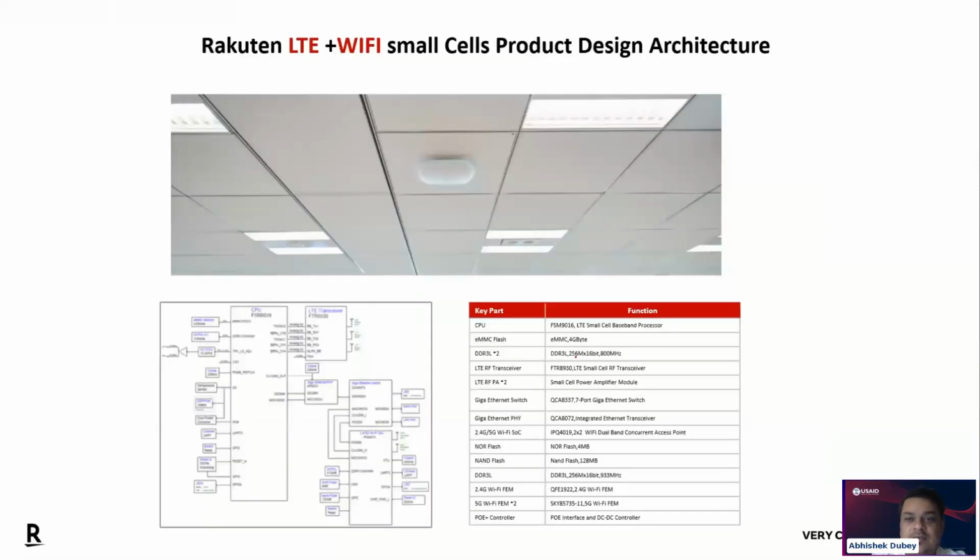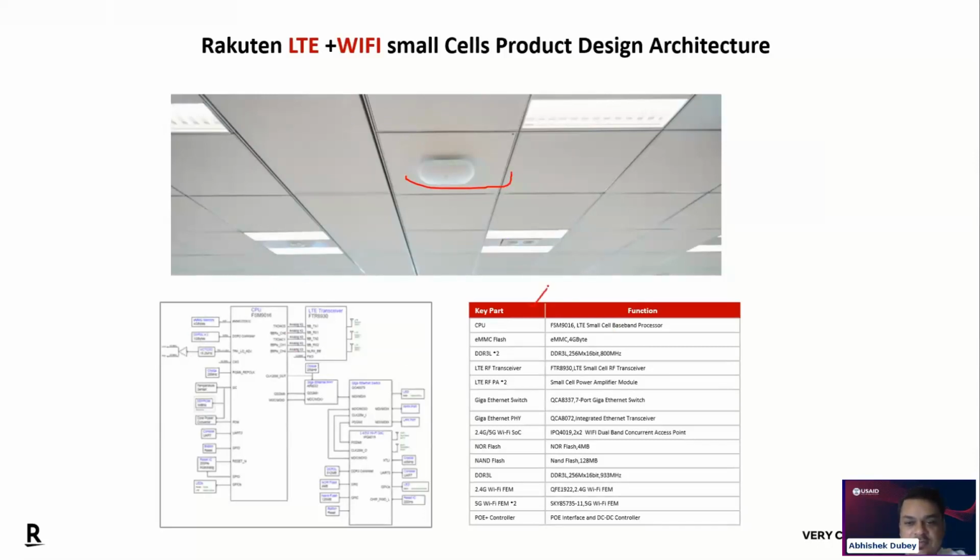Let's say you are planning for an indoor society or indoor office or indoor building. This is from Rakuten, which has an LTE plus Wi-Fi small cell product.